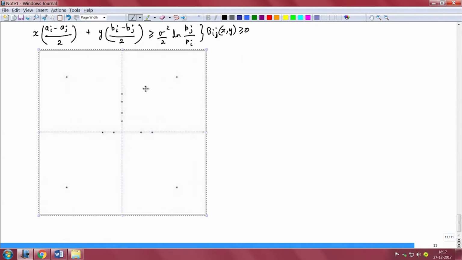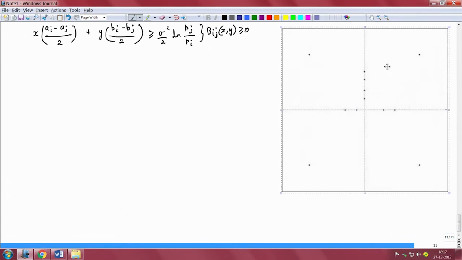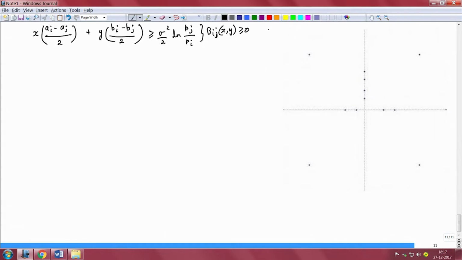To demonstrate, I brought this graph paper. So, we have the signals S1, S2, S3 and S4. Let us look at each individual boundary.